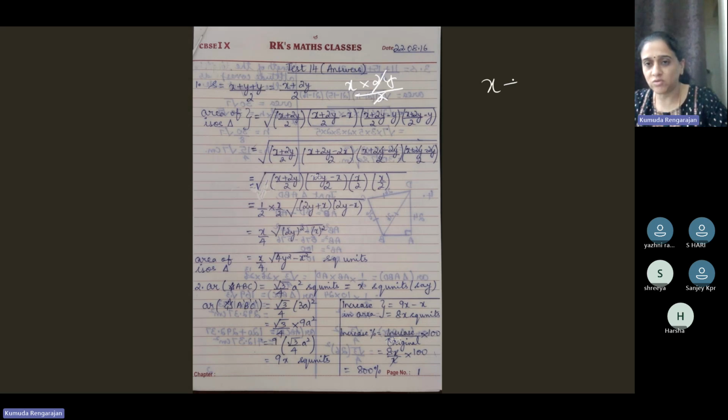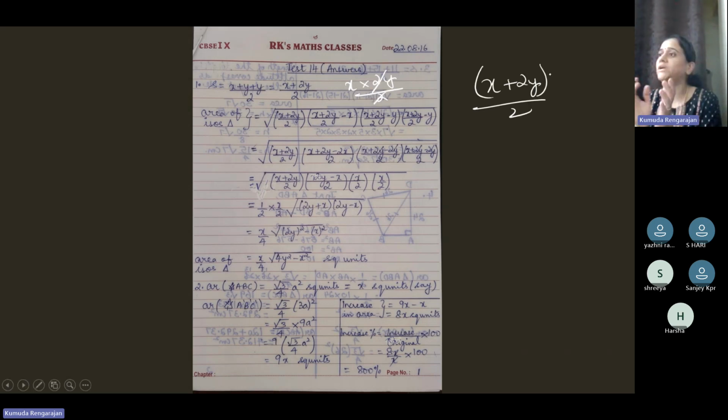But when it's x plus 2y by 2, the meaning is x plus 2y is like 1 unit. So you cannot disturb it by cancelling like this.